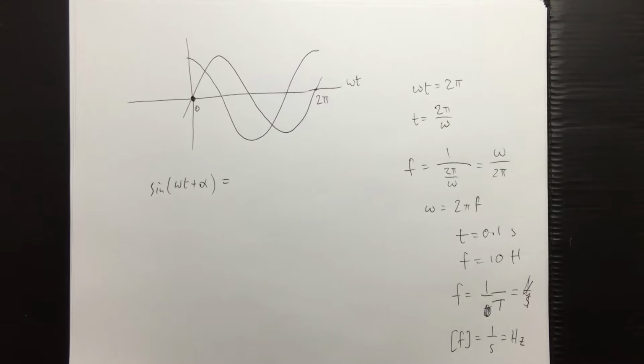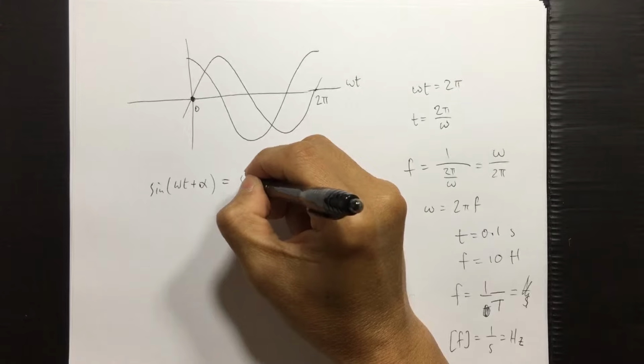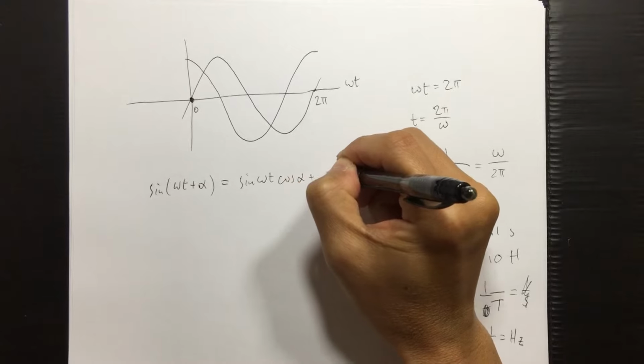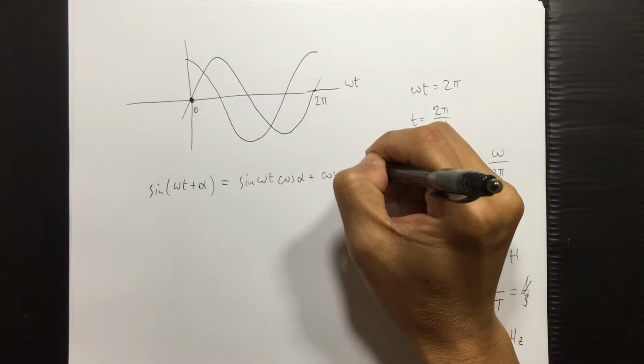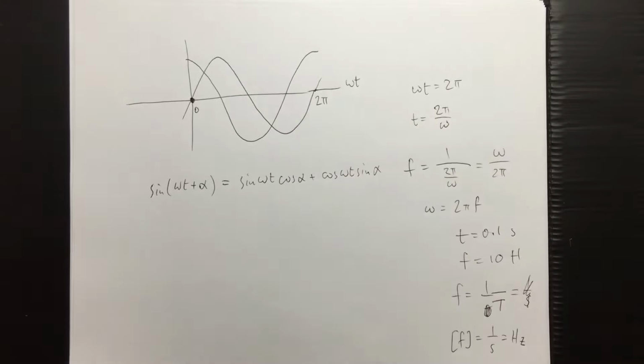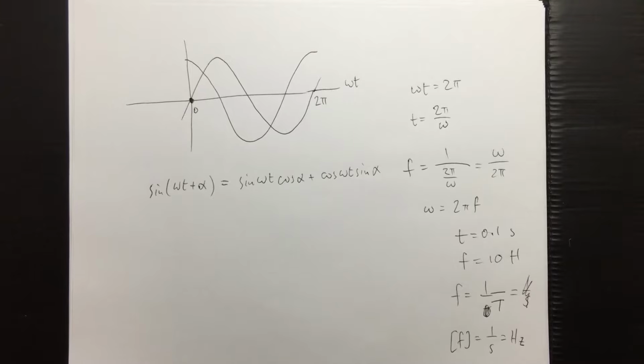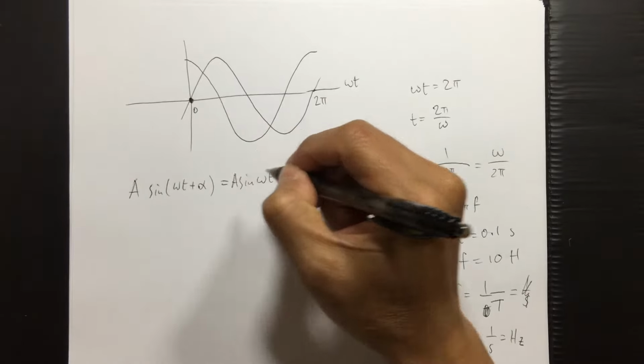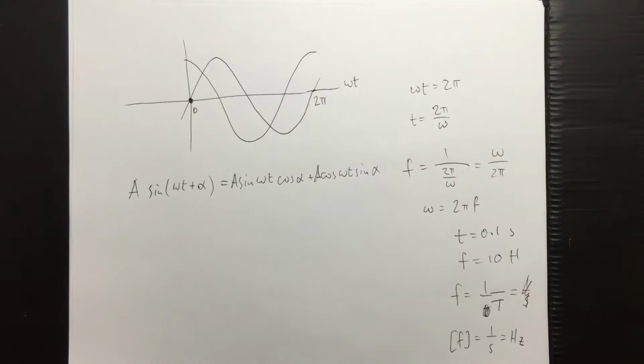And then you can multiply this by an A, right? A multiplies this, A multiplies this. What you have is C1.